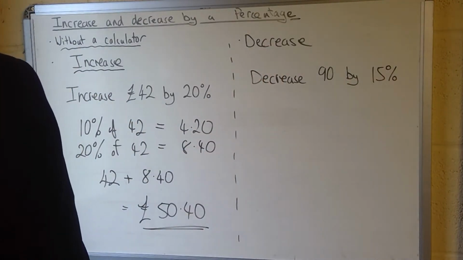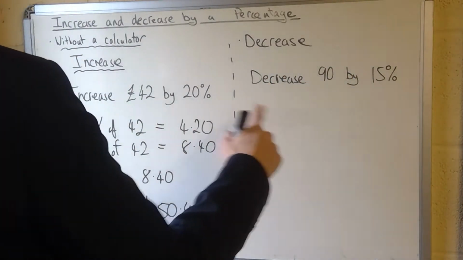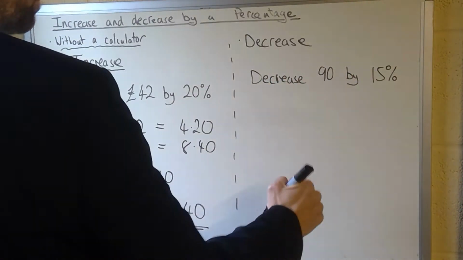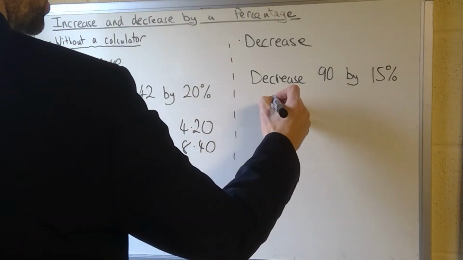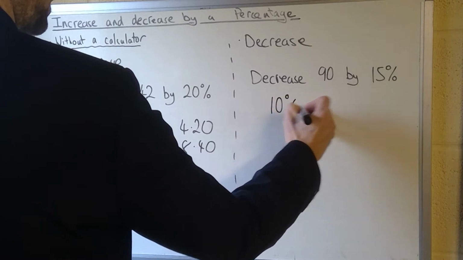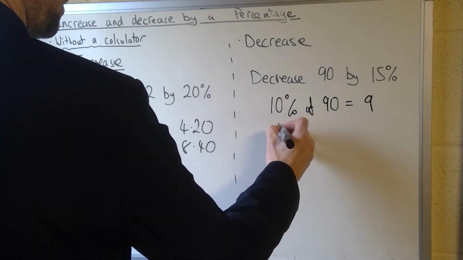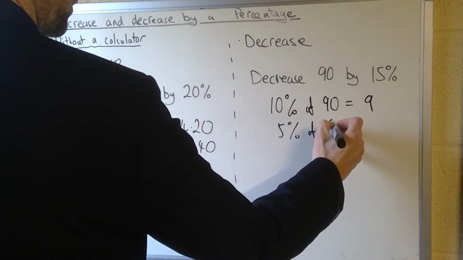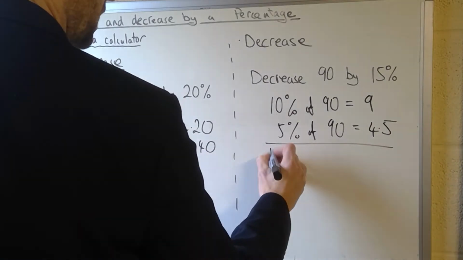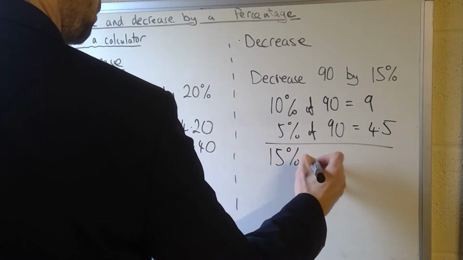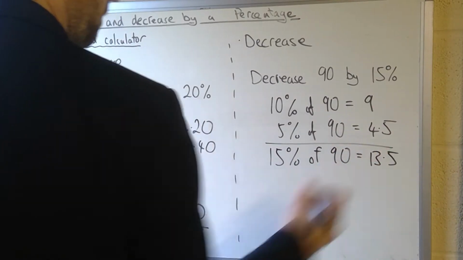If we're decreasing, we work out the percentage we want and then subtract it. So a similar type of method here, slightly different numbers. So I'm decreasing 90 by 15%. So I find out what 10% will be first, so 10% of 90 would be 9, and then 5% of 90 would be 4.5, half of that amount. 15% would therefore be both of these two amounts added together, so that would be 13.5.